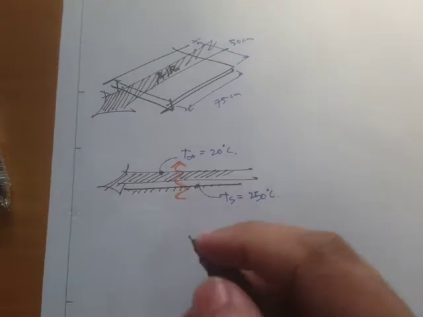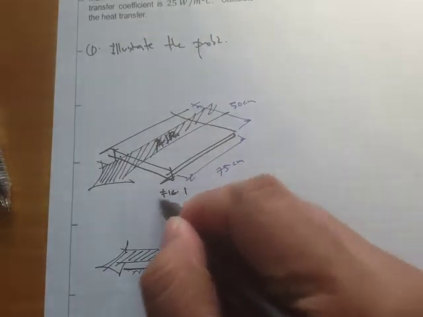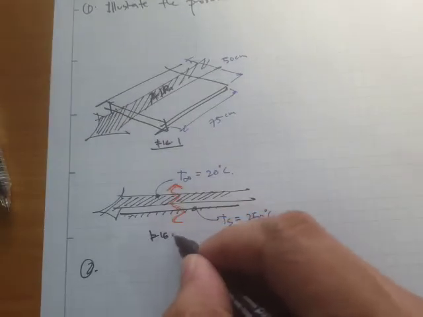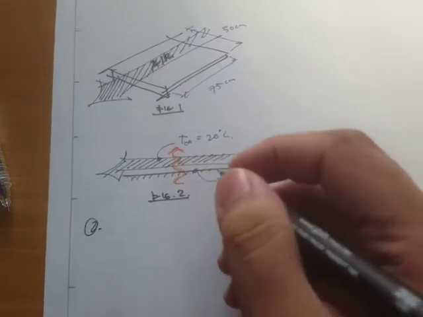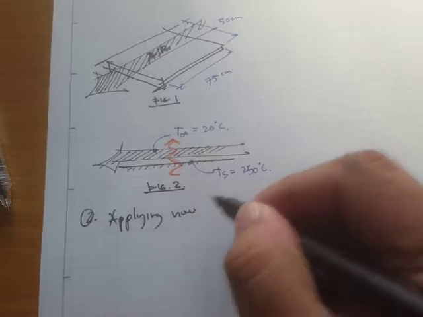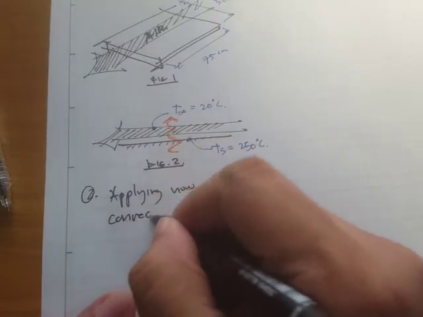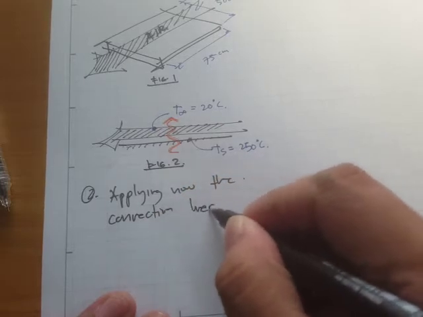Right, so therefore, let's just write, this is figure 1, a pictorial view, and figure 2, something like a detailed view. So let's write here, applying now the convection heat transfer equation.